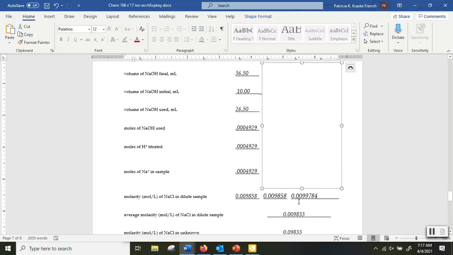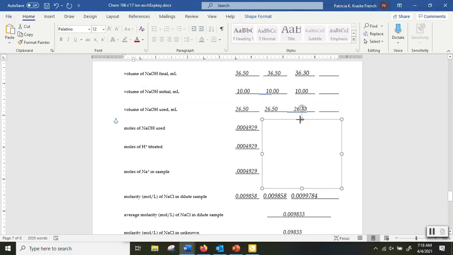I had 3 titrations, and they were pretty good, and they should be very close. Your volumes should be very close because you should, in theory, be titrating the exact same amount of eluent every time. So once I got my 3 molarities, I averaged them.